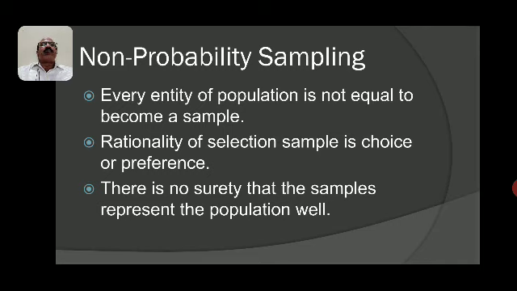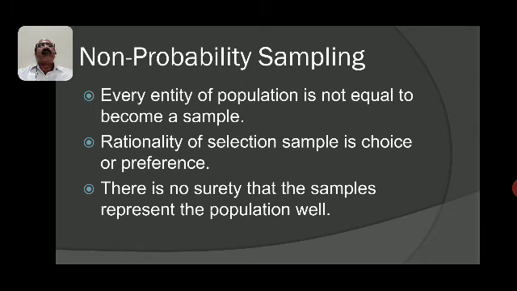Then the rationale of selecting a sample is a choice or preference. It also differs from scholar to scholar, researcher to researcher. I feel this X criteria is good, then another may say the Y criteria is good. So it varies from person to person.